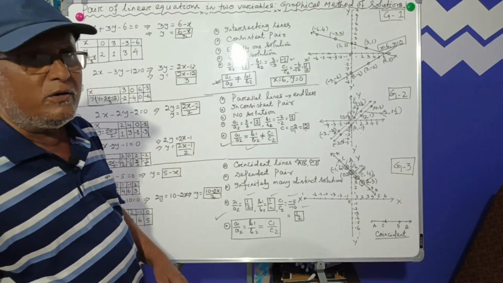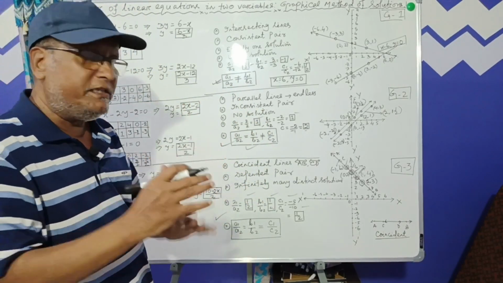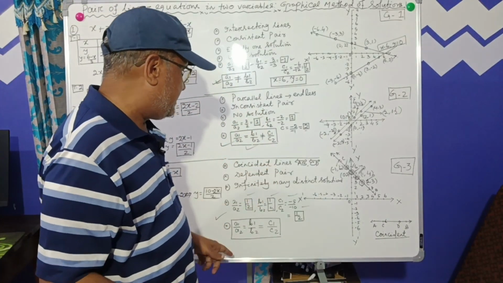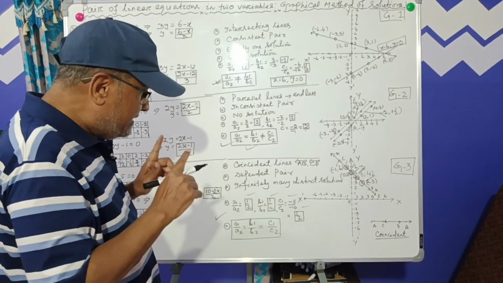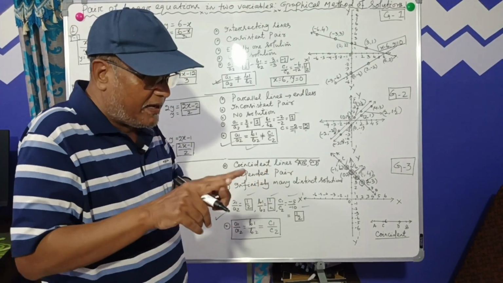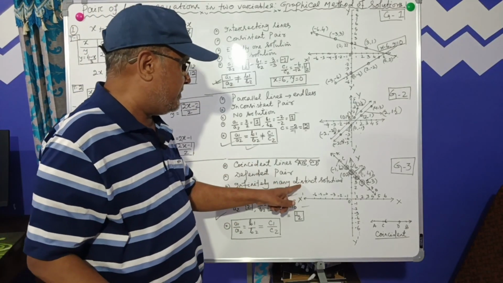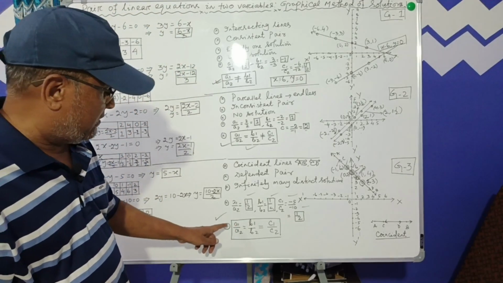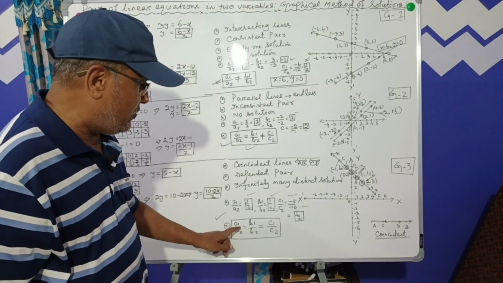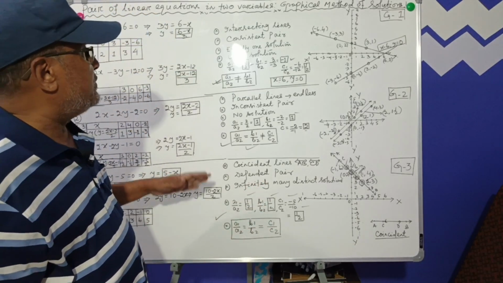And when two lines overlap each other, they are called coincident lines or a dependent pair. In this case, the pair of linear equations has infinitely many distinct solutions. So the condition is the ratio of A1 by A2 is equal to B1 by B2 is equal to C1 by C2.